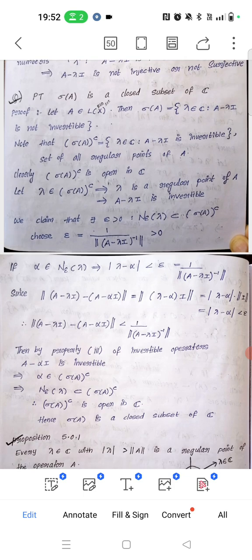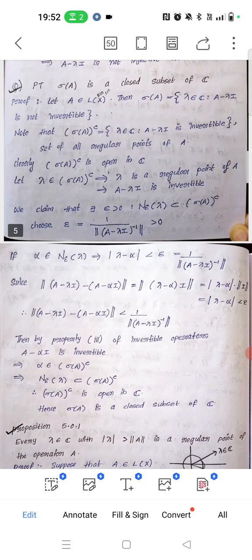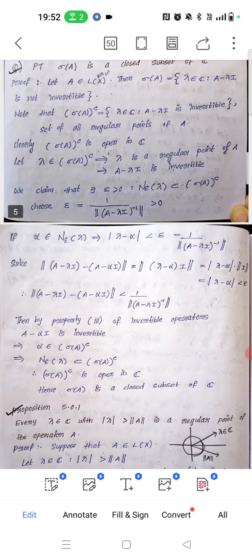Let us consider one of the points alpha from the ball centered at lambda with epsilon radius. So by the definition of the neighborhood, because we are using the usual norm, which is the modulus in the complex plane, modulus of lambda minus alpha is less than epsilon, but epsilon is equal to 1 divided by norm of (A minus lambda I) inverse.